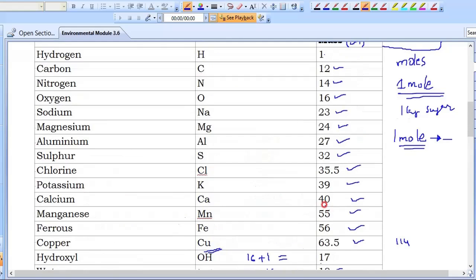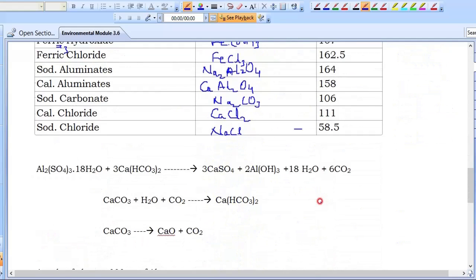Okay, now some reactions. In the second video, the coagulation video, we have already gone through that. There were 4 coagulants: alum, copperas, chlorinated copperas, and sodium aluminate. These 4 chemical compounds are coagulants, and those reactions were also explained in the last video.